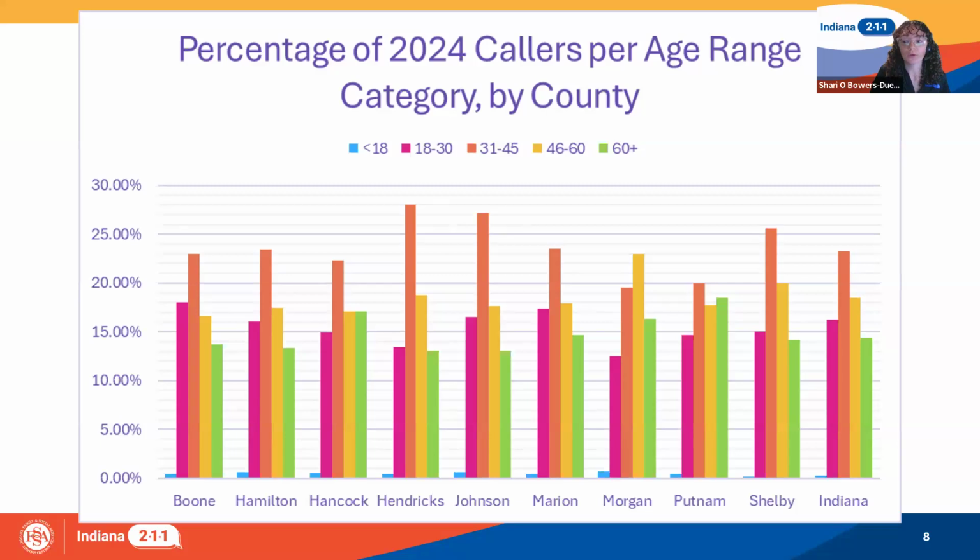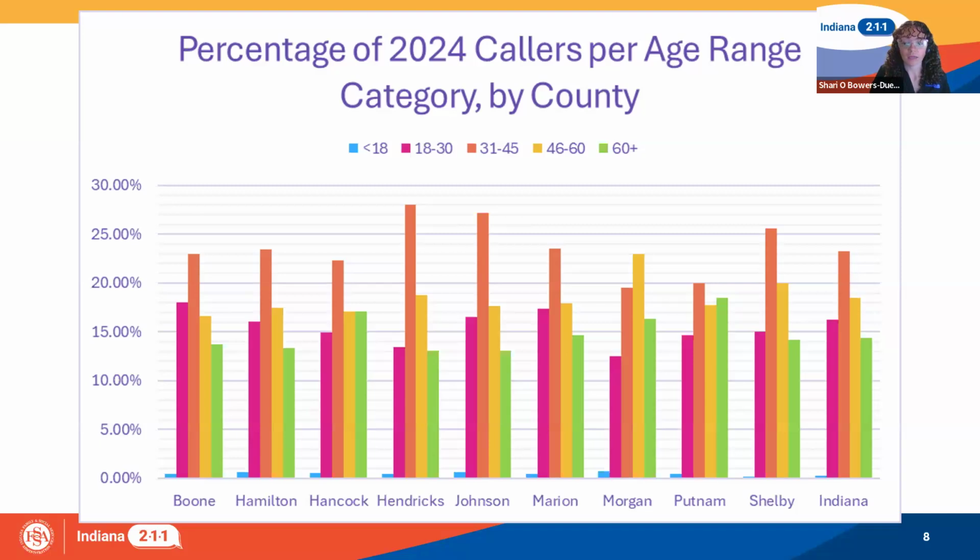And for Boone County, there was actually a larger percentage of callers from the 18 to 30 year age group than there were in the 46 to 60 or 60 years and older groups. And then for Putnam County, the age group with the second largest percentage of callers was 60 years or older, closely followed by 46 to 60 years old.